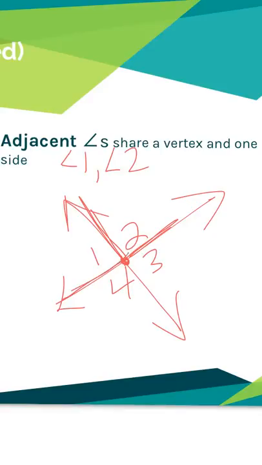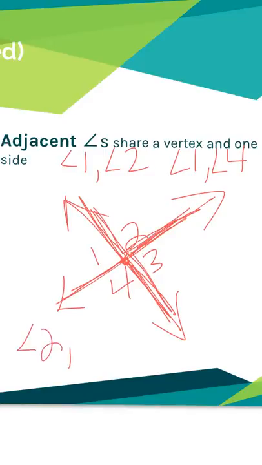And angle 1 would also be adjacent to angle 4 because they are right next to each other. Angle 2 would be adjacent to angle 3. And angle 3 would also be adjacent to angle 4.